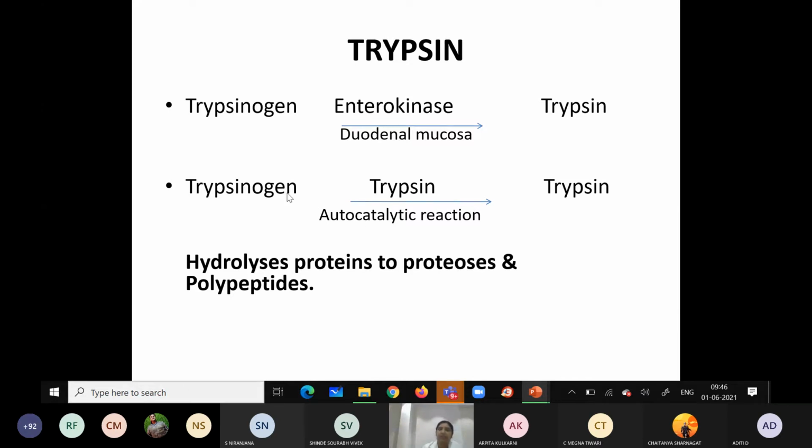It starts activating all the other enzymes also. Like this, all the enzymes, even the lipases, get activated only because of the presence of trypsin itself. Both trypsin and chymotrypsin together hydrolyze proteins to proteoses, and the ultimate end product is polypeptides. These polypeptides are further broken down into amino acids in the intestinal juice.